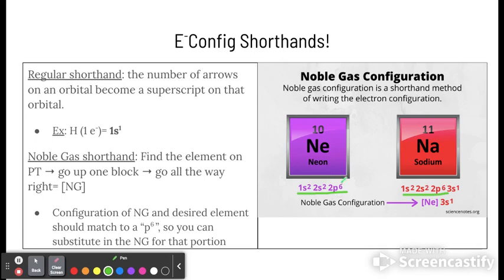So since these match, you can actually substitute in your noble gas for that 1s2, 2s2, 2p6. Then all you have to write is what was left, what was different between the 2 configurations. So it would be Ne 3s1.